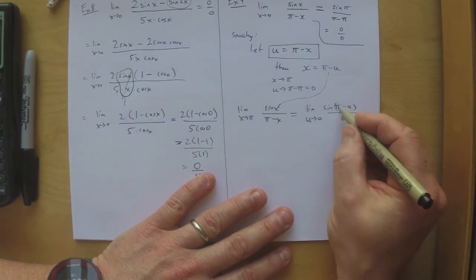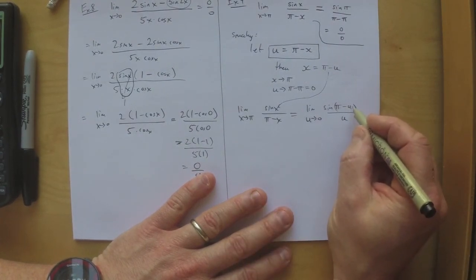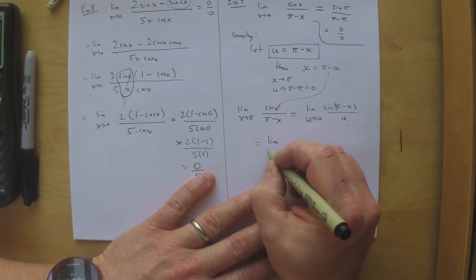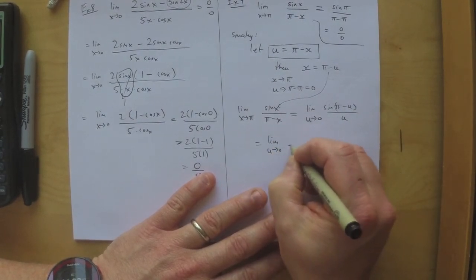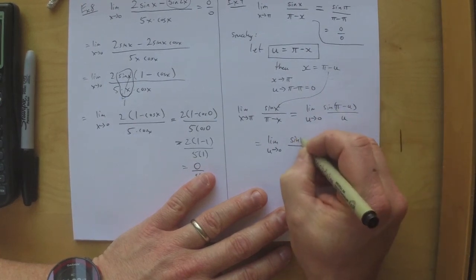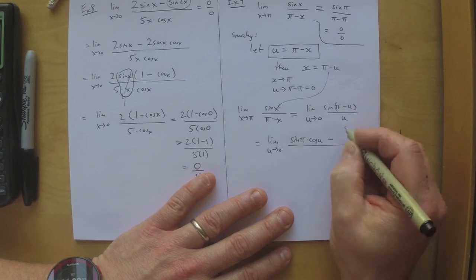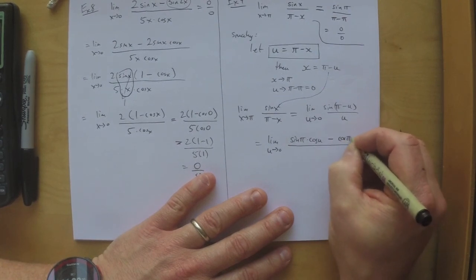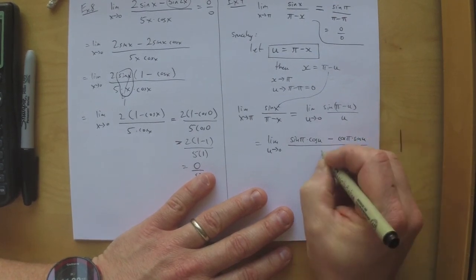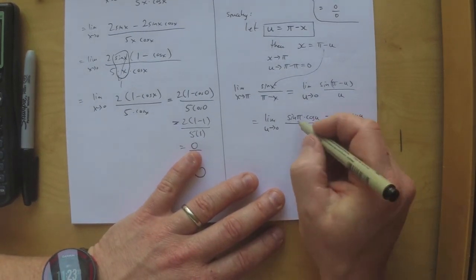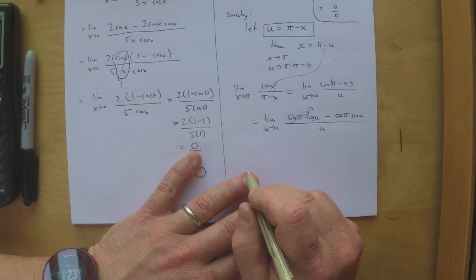This numerator screams using the sum and difference identities. So using the sum and difference identity, I get sine of pi times cos of u minus cos of pi times sine of u, over u. Sine of pi is 0, so this becomes a 0.